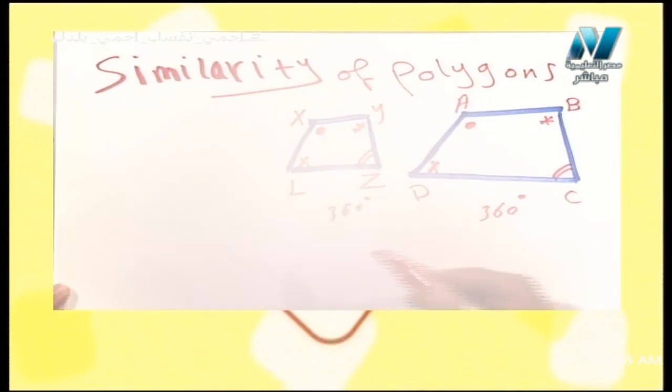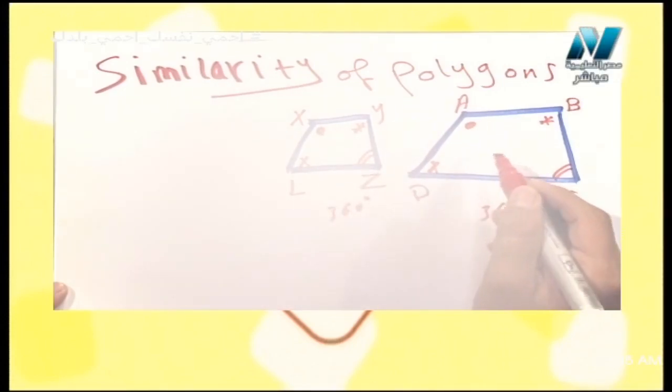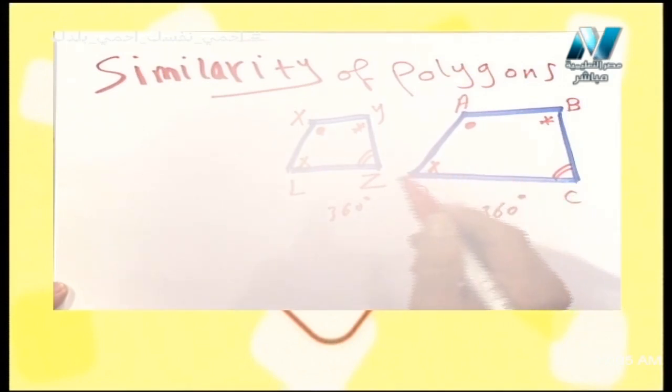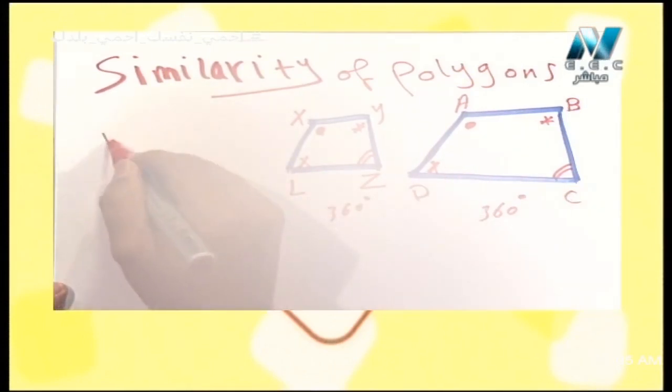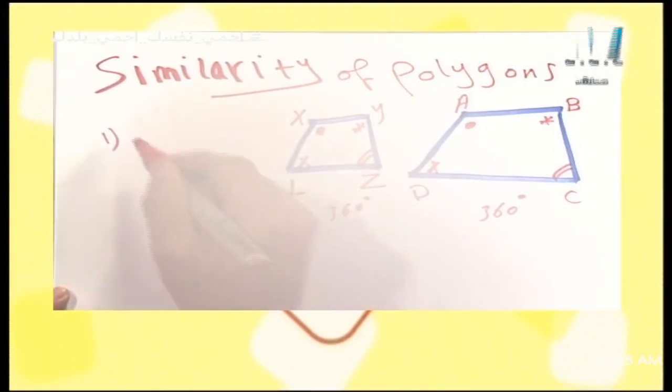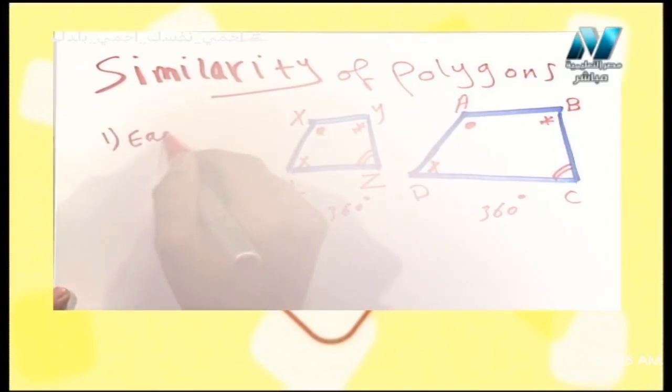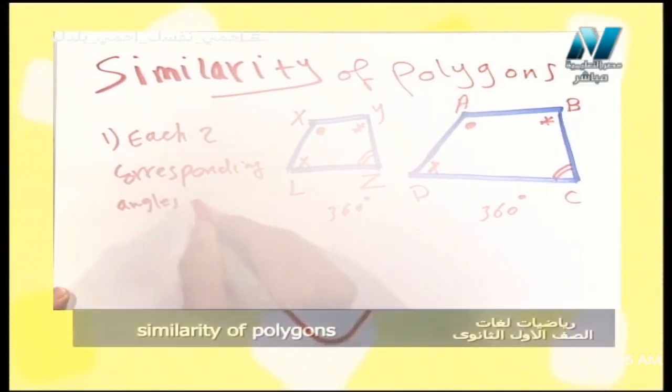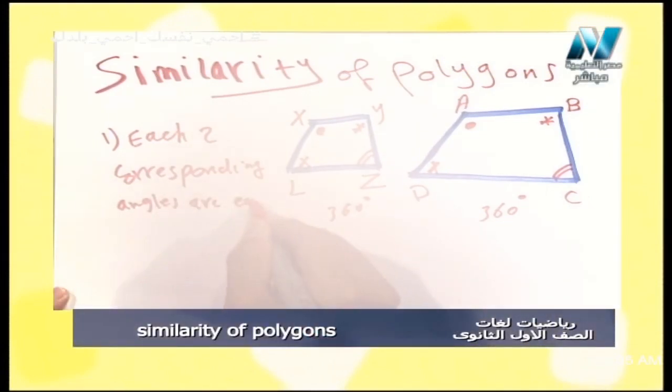So, are these two quads similar? Before we say yes or no, there are two conditions to be similar. The first condition is that each two corresponding angles are equal in measure.